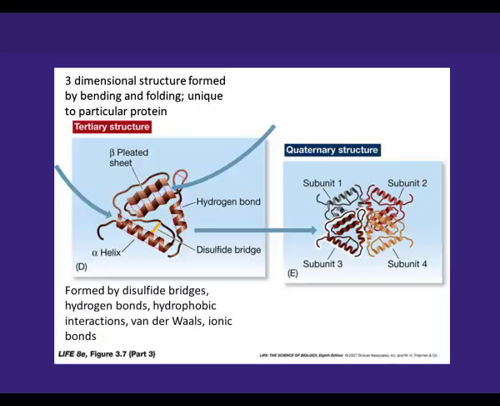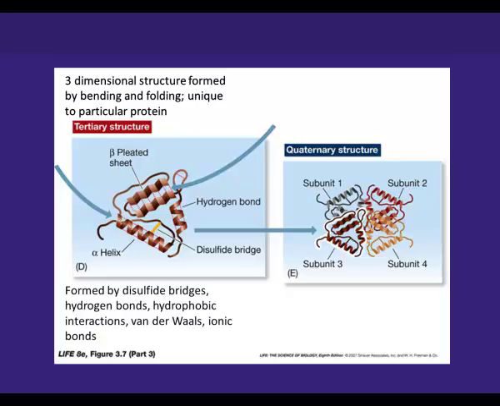And unlike what we saw in the secondary structure, this tertiary structure actually results from interactions between the R groups, for example, between the two sulfhydryl groups to give rise to those disulfide bridges.